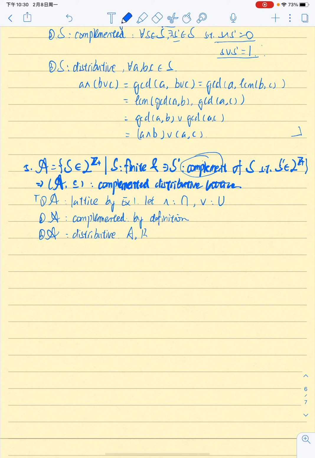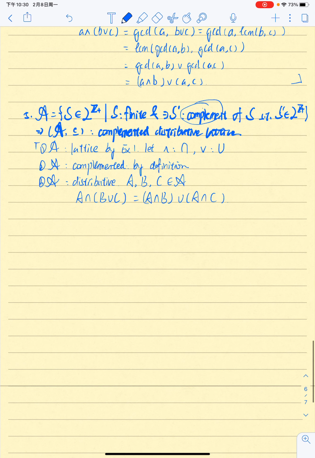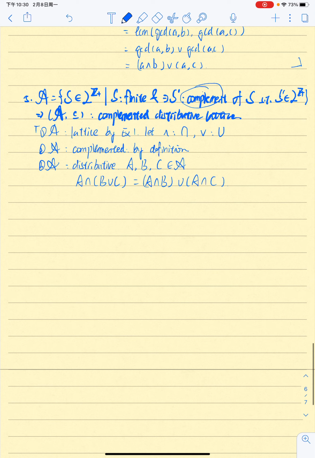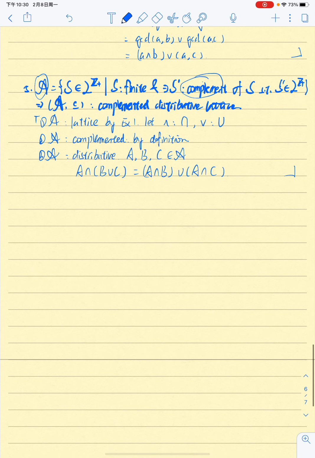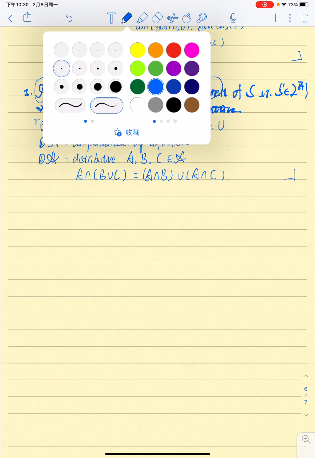For every element in the collection, A intersect (B union C) equals (A intersect B) union (A intersect C). Then the collection is a distributive lattice.